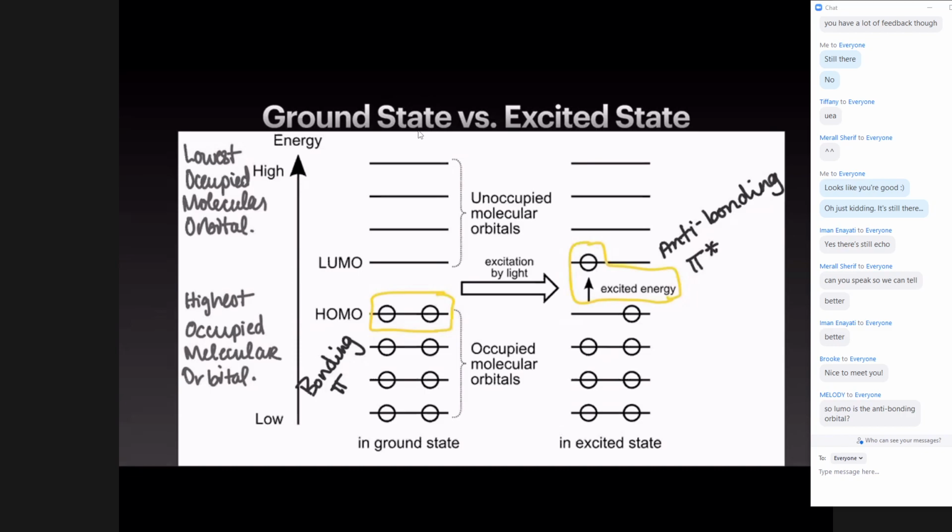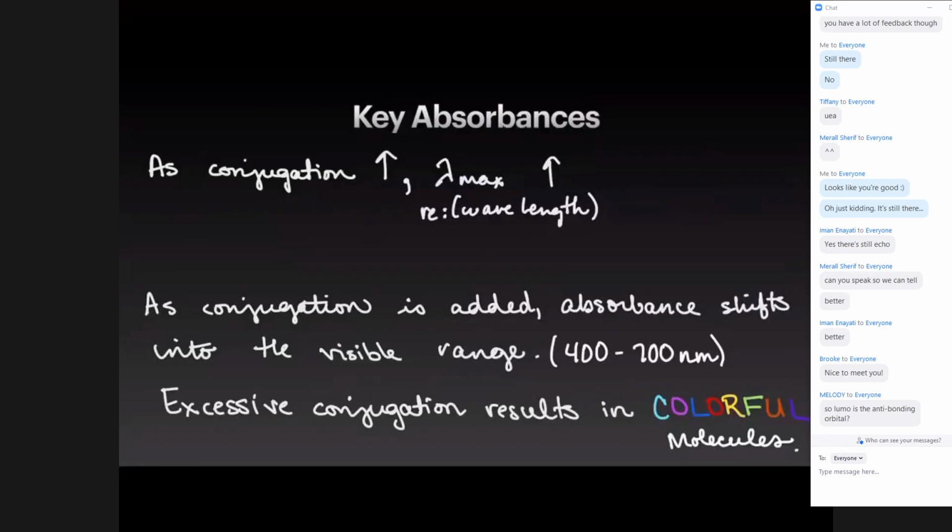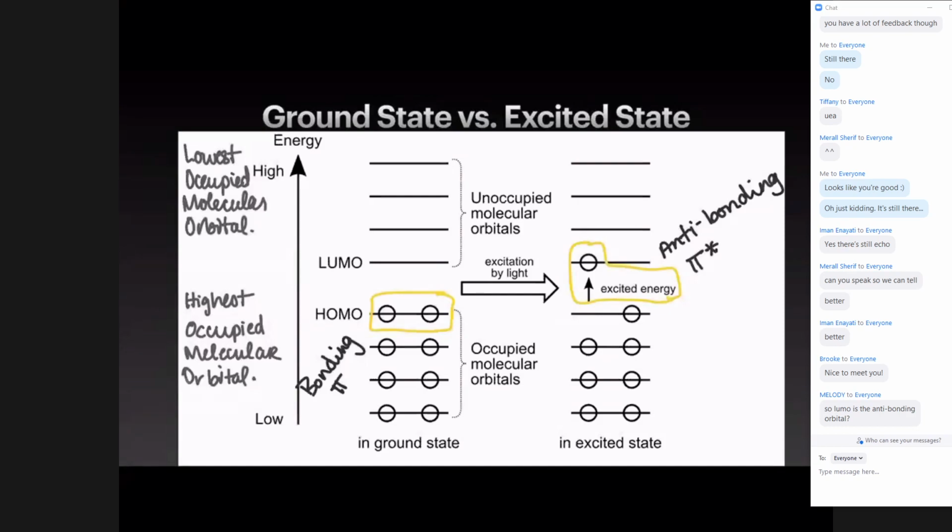LUMO is the anti-bonding orbital. Okay, just give me 1 second. So the anti-bonding will be when the electron jumps from... Yes, so yes, you're right.